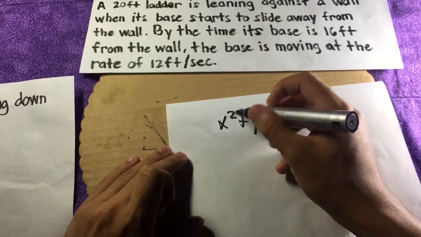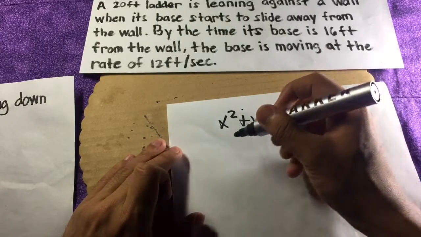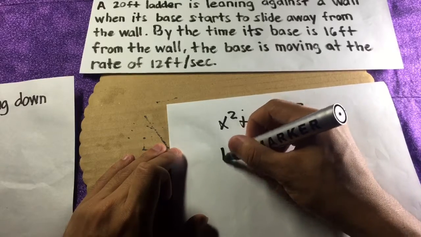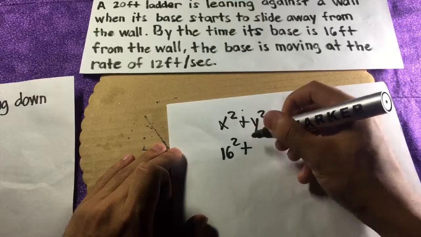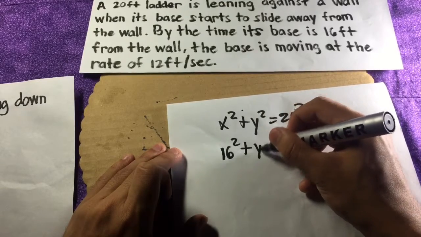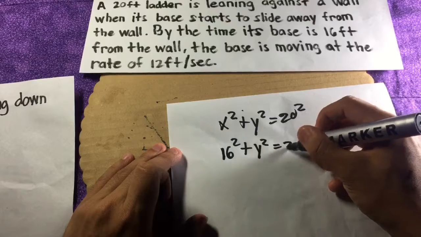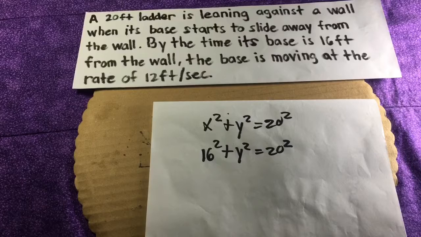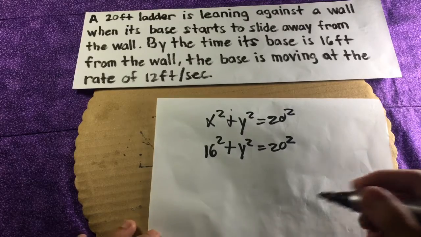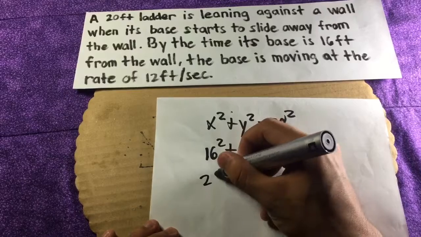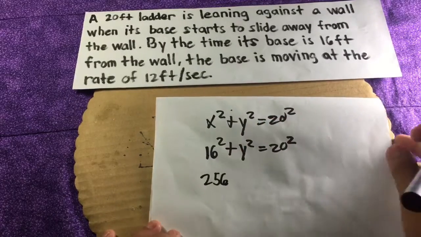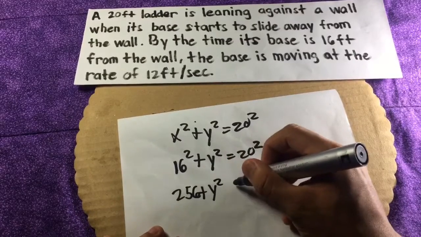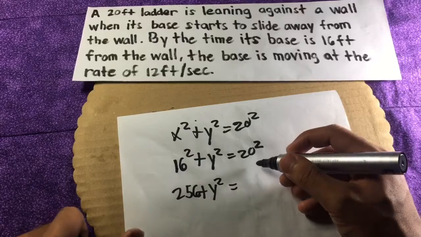So our x is 16, squared, plus y squared is equal to 20 squared. So 16 squared is equal to 256, and 20 squared is equal to 400.